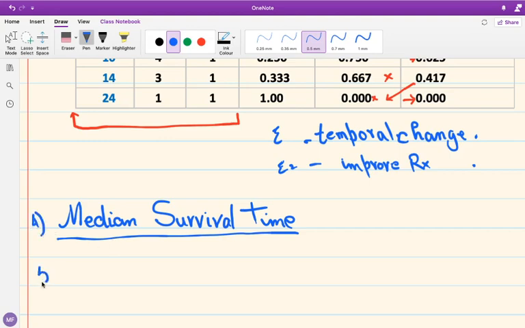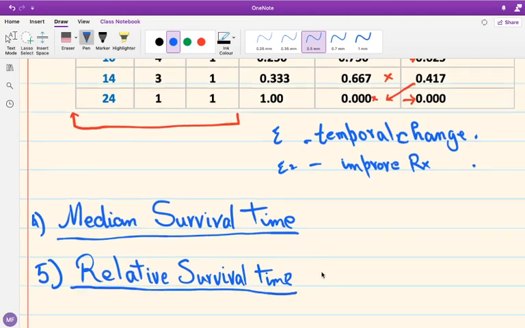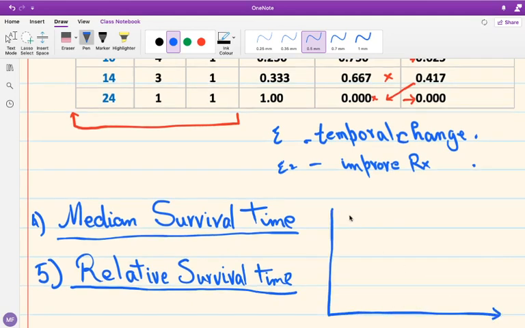And last thing, in addition to Kaplan-Meier survival, is relative survival. Relative survival is basically an indication that if we are doing some assessment, we should be comparing two things together, because if we want to understand the treatment response, we should be comparing that treatment with another factor.